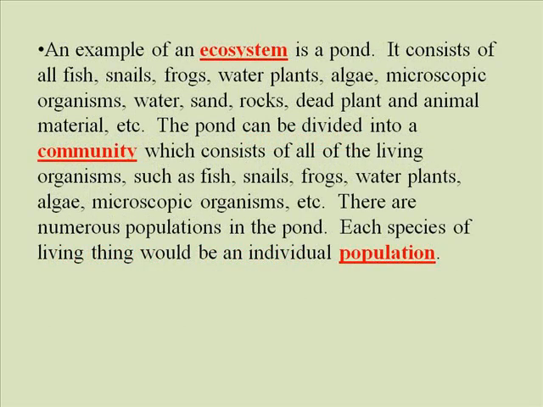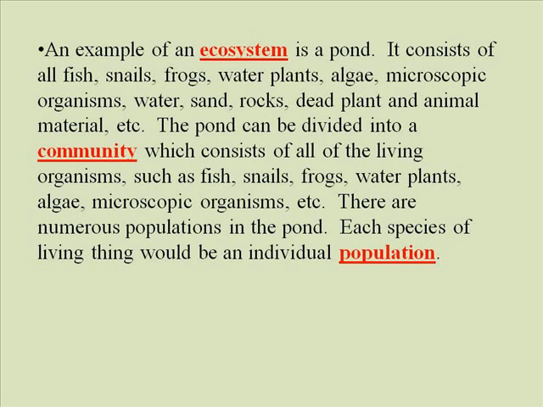This slide shows you how you can break down the ecosystem, the community, and the population within a pond ecosystem. So if we talked about the entire pond, all of the water, all of the air that surrounds it, all of the rocks, and then we talk about all the living things in it, like the fish, the snails, the frogs, the water plants, the algae, all your microscopic organisms, we have an ecosystem.